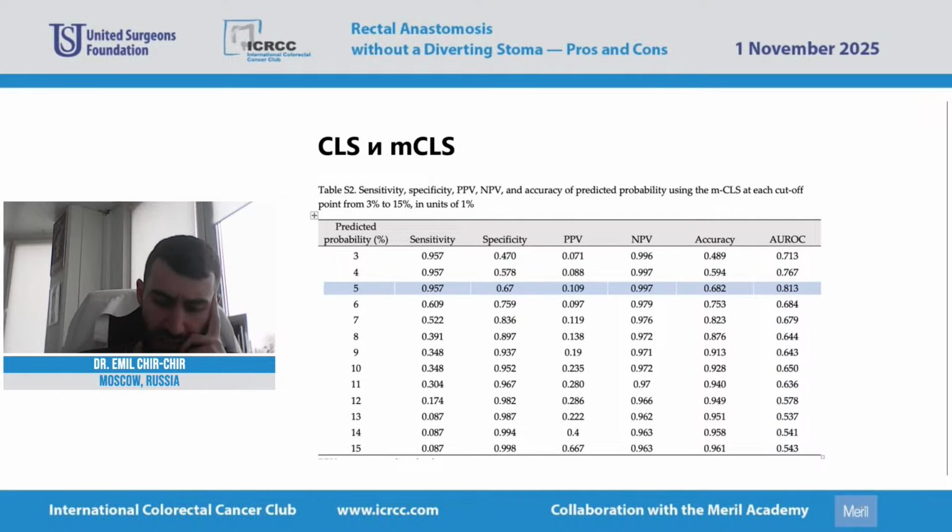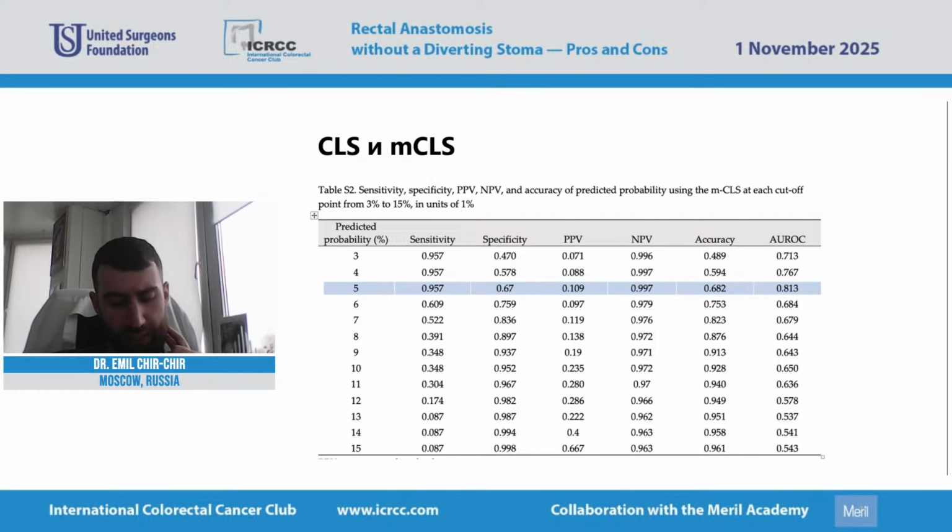The sensitivity, accuracy, and area under the curve indicators are good and high. The specificity indicators are not very satisfactory. But for us, this might be less scary, as we would rather be confident in negative results.